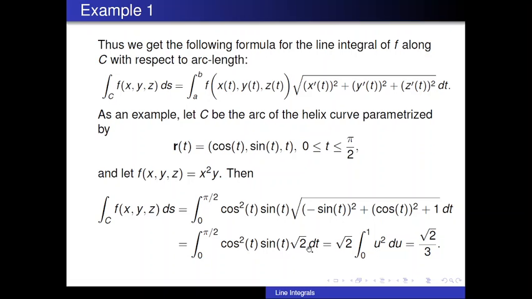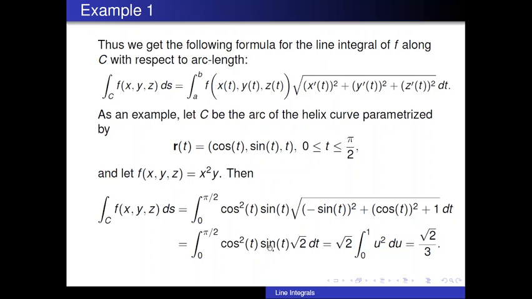And this is a u substitution, right? I didn't show all my work here because at this point I think we're getting pretty solid with u substitution again. So I let u be cosine of t. So then du is negative sine of t dt.